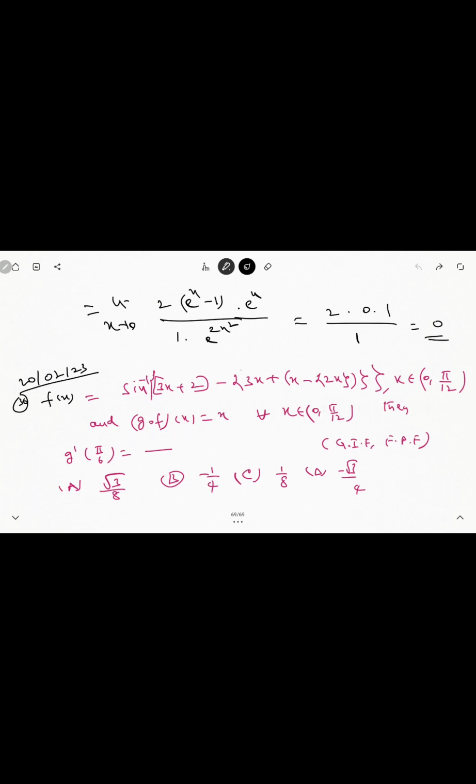Similar model we have done, but we have to simplify this. Make this function free from integer part and fractional part within the interval. Then what to find? g dash, the derivative of the function g at pi by 6. Options are also given.